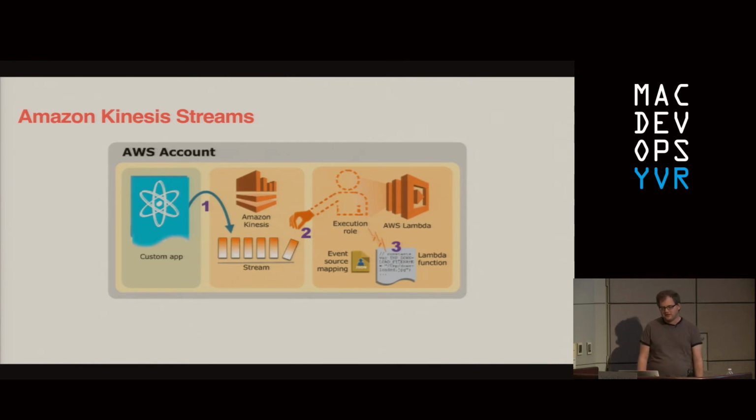Wade talked about Lambda a little bit earlier. Streams is intended to be used with Lambda, I think, is the biggest use case. You can do some other things with it. But basically, the data will come in, sit on the stream, and then Lambda will come and pick up each object from there and do something with it.